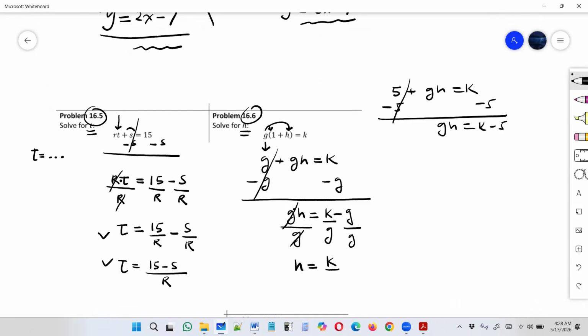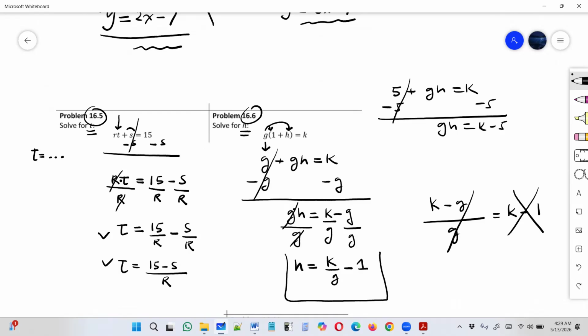K over g cannot be reduced, but g over g becomes 1. Now, again, do not do the following, which is a common mistake. Students will do this and they'll get k minus 1, which is incorrect. Notice the answer we have right here. So divide each one separately.